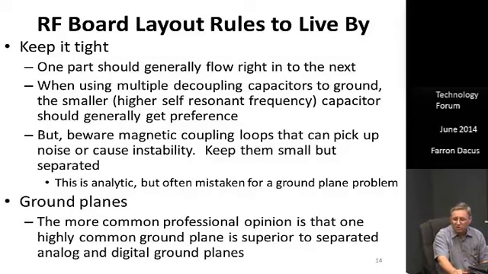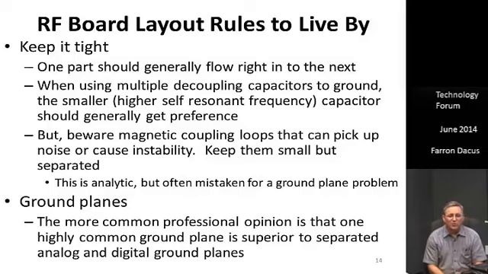You think you've done your homework and that's going to be a real clean supply. You look at the spec on the linear regulator and it says you've got 55 dB of suppression at the switching frequency, so you're thinking, okay, I'm going to be 110 dB down on the switching noise on that supply to a sensitive point. Then you look at it and whoa, it's 40 dB down and not 110. That is usually because of this magnetic coupling loop that's not in your simulation. You've done a good SPICE simulation in every regard except that magnetic coupling loop.